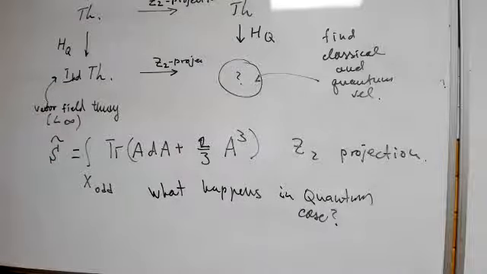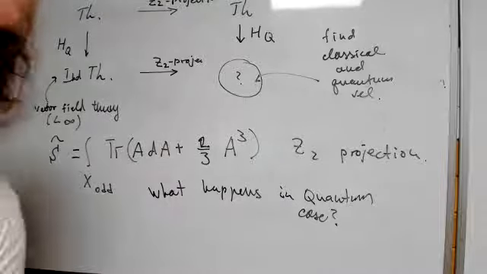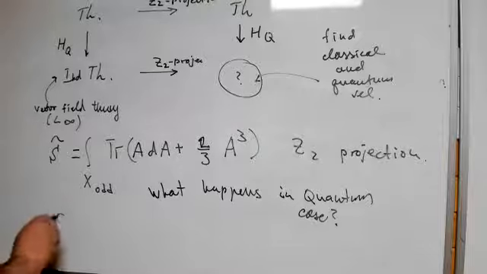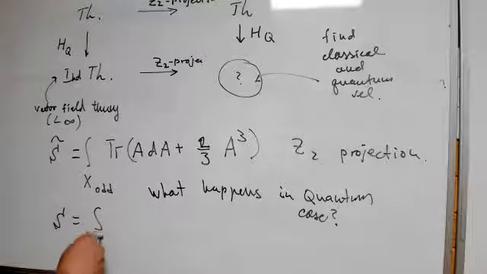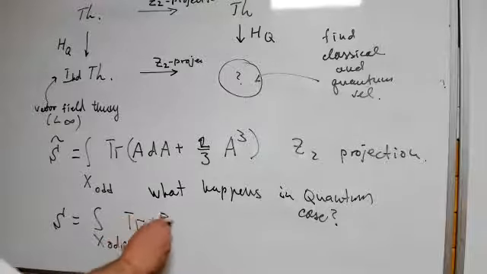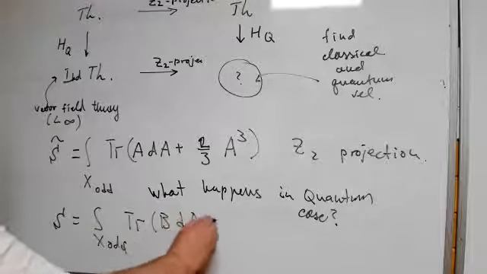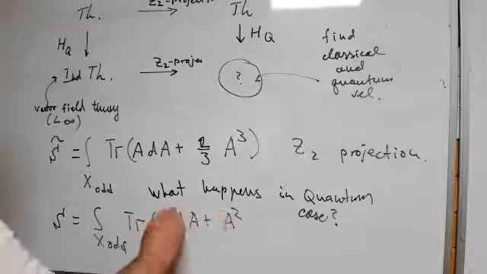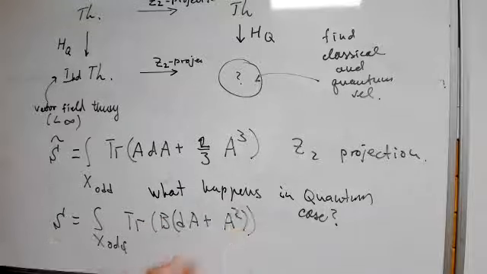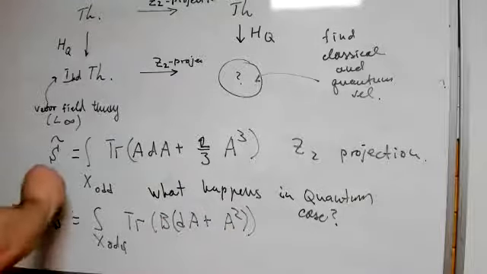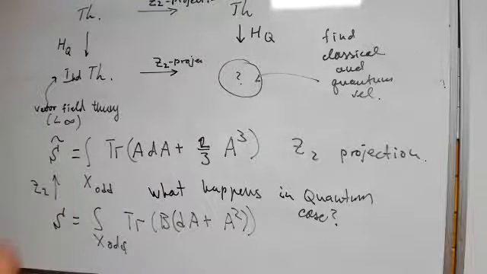So the most striking example is, suppose we know BF theory of this type in odd dimension. So we have Z2 projection this way.